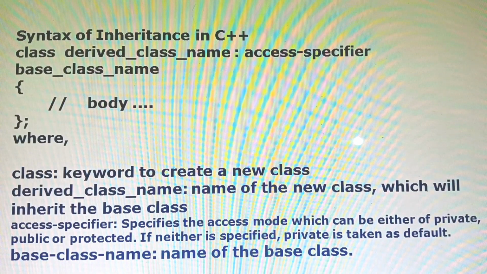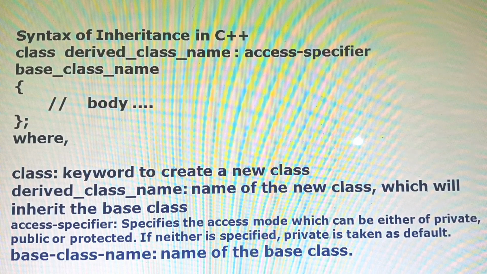Got it? Now the syntax of inheritance. How do we write inheritance in a C++ program? What is the syntax? Give the keyword class and the derived class name, then colon, then the access specifier. Here animal is the base class, the parent class, and dog is the derived class.